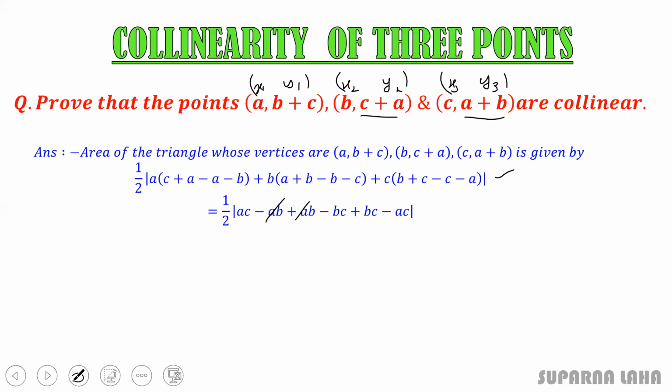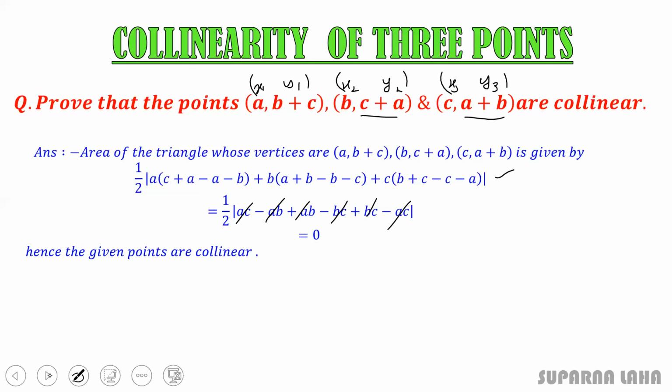So AB cancels, BC cancels, AC minus AC cancels. So ultimately the value will be 0. Since the area of the triangle made by these 3 points is 0, we can say these 3 points are collinear points. Okay, so this is another use of the area of a triangle where the vertices are given.